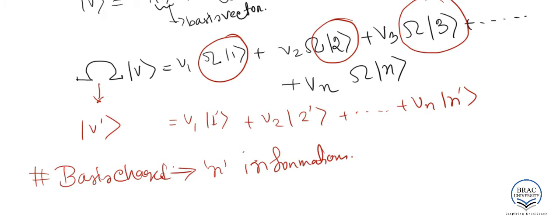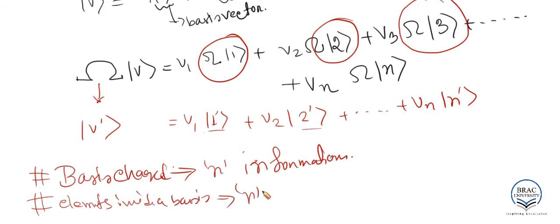So for each and every basis vector, you need to know how the elements of these n rows are changing as well. So for each vector you need n pieces of information, and there are n basis vectors. So this basis change will correspond to |1'>, |2'>, etc., and how the elements inside a basis are changing will also correspond to this n information.